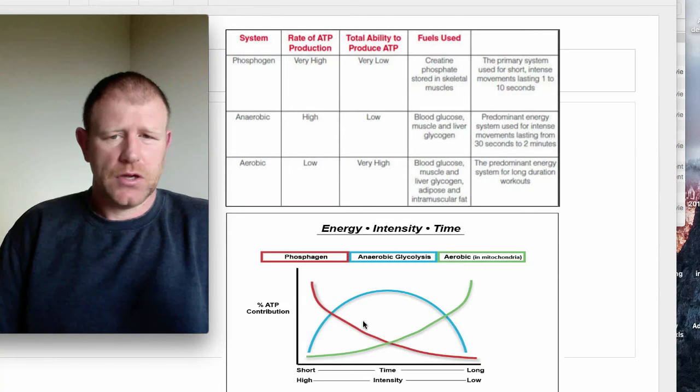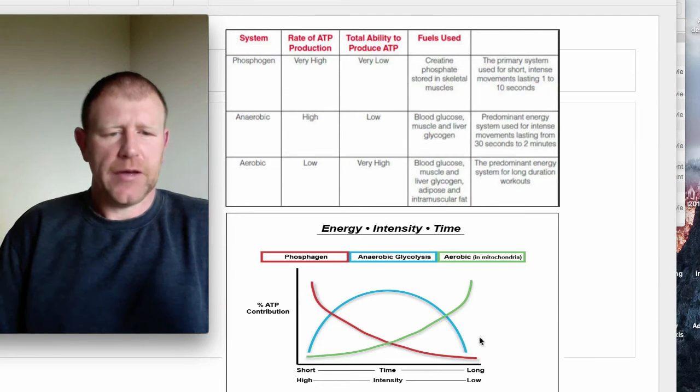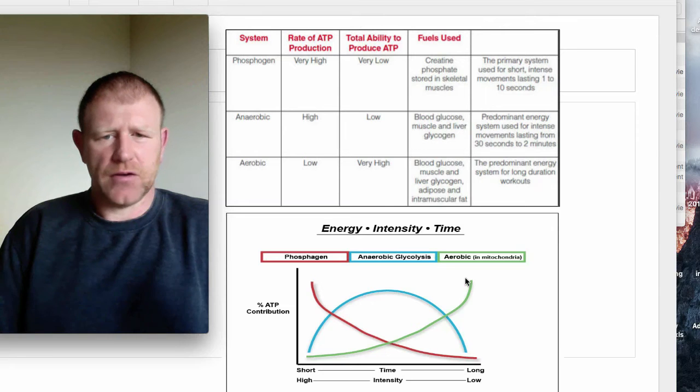So that's that. Now, when we talked before about being able to train and get each one of these working as best we can, it's a case of just being aware that you need to include some high intensity work, and you need to include some anaerobic work. The aerobic stuff will be taken care of. Every day you move around, you're working in this aerobic zone, and with a running background, even with limited experience, you're going to have some aerobic capacity. So it's about being aware and training this, like we've said in the other little videos.